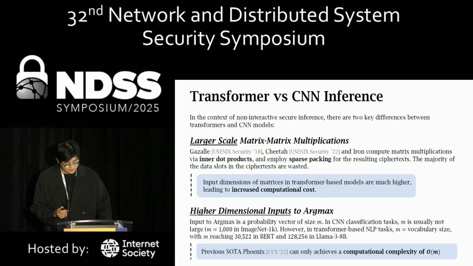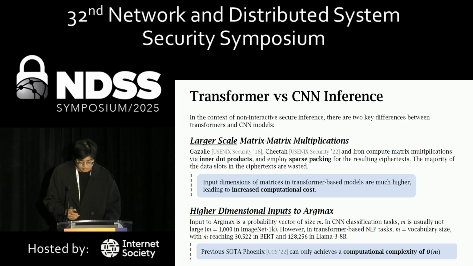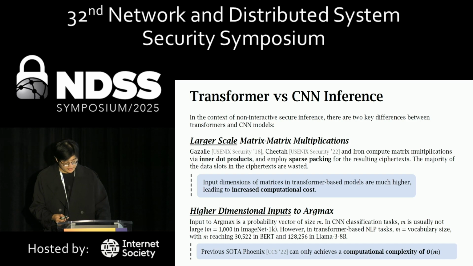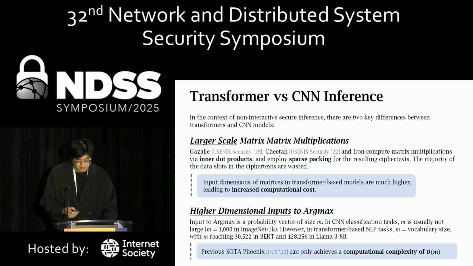As a result, the majority of data slots in the ciphertext are often wasted, which introduces additional communication overhead. However, in transformer inference, the input dimension of matrices is often much higher, leading to increased computational cost. Consequently, it's useful to develop a new matrix multiplication protocol that is both time and space efficient.